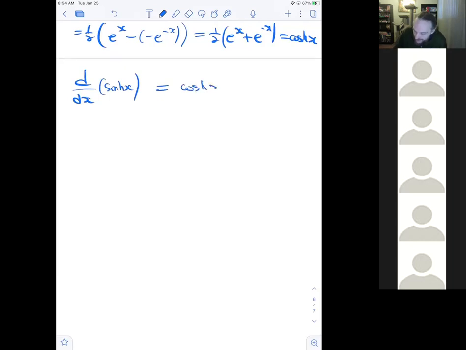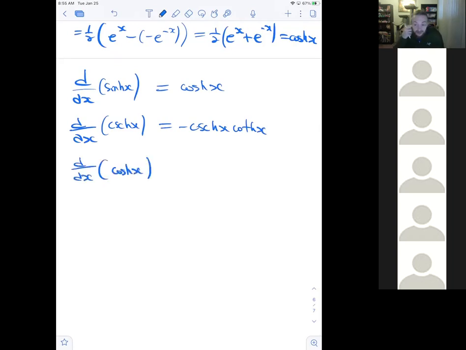cosh x. The derivative of its inverse, again, you can just use the definitions, but the derivative of csch x is going to equal negative csch x coth x. The derivative of cosh x is just equal to sinh x. There's no negative in this.